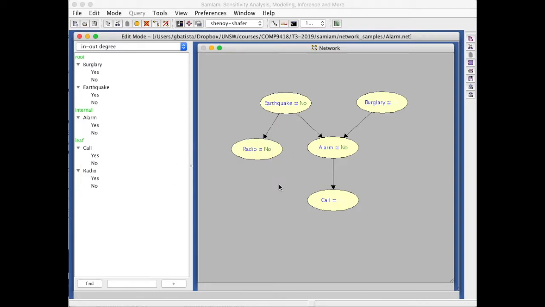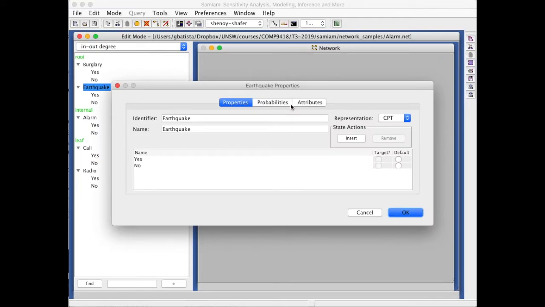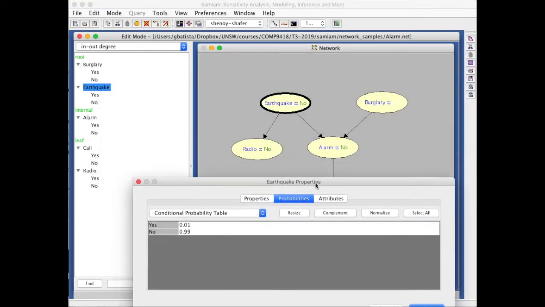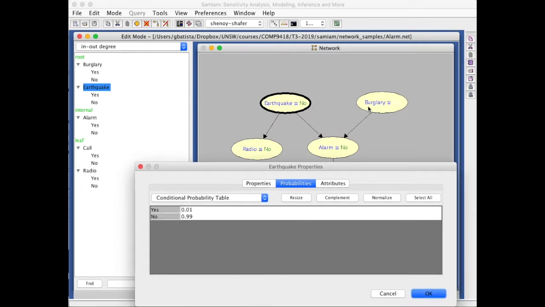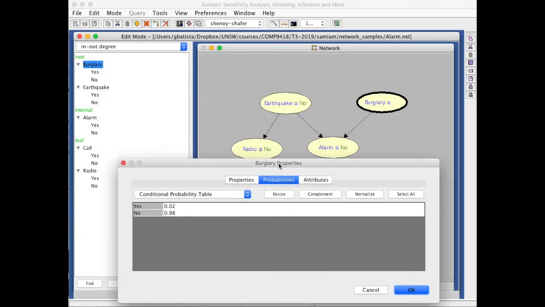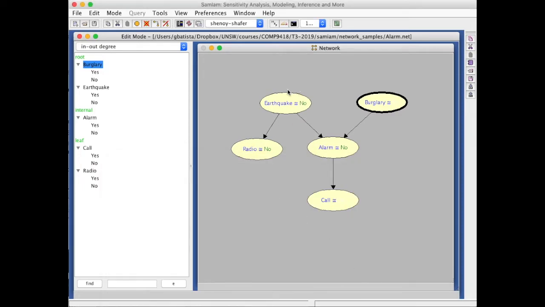And we can take a look at the probability tables. The variables on the top have prior probability tables because they are not conditional on any other variable. They have no parents, and the value for earthquake is 0.1. For burglary, the prior probability is 0.02, and these are the 2 variables that have priors.